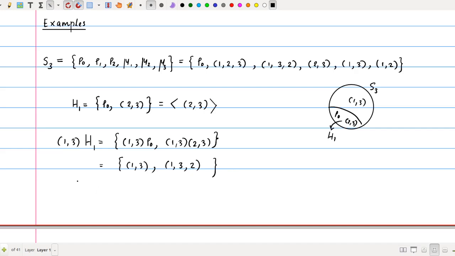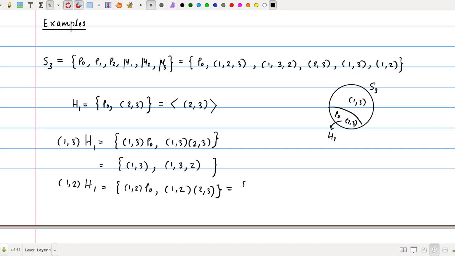In a similar fashion you can write the other cosets. The coset containing (2, 3) is H1 itself. If we choose another element, (1, 2), the coset containing (1, 2) is denoted by this one. The first element is (1, 2), because (1, 2) times rho 0 is (1, 2) itself, and the second element is (1, 2) times (2, 3).